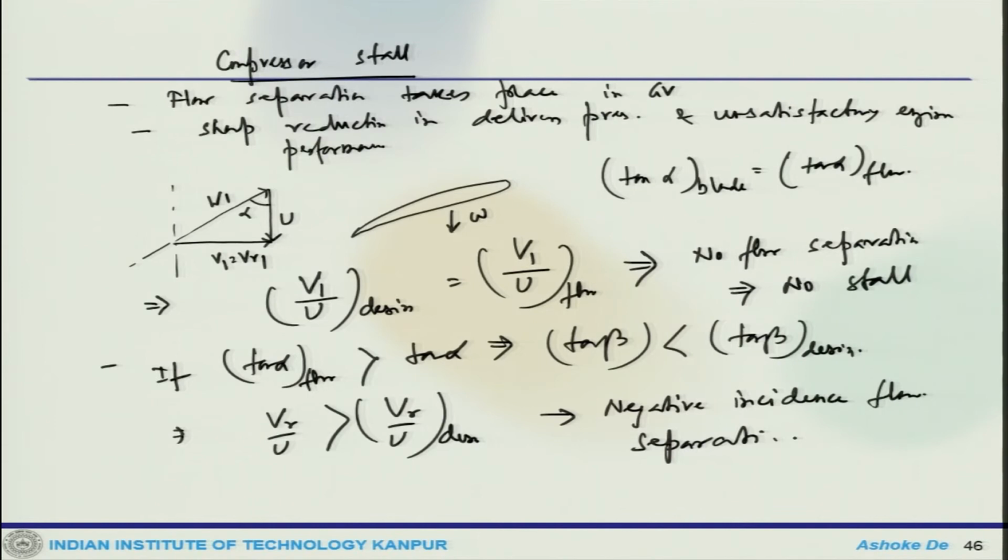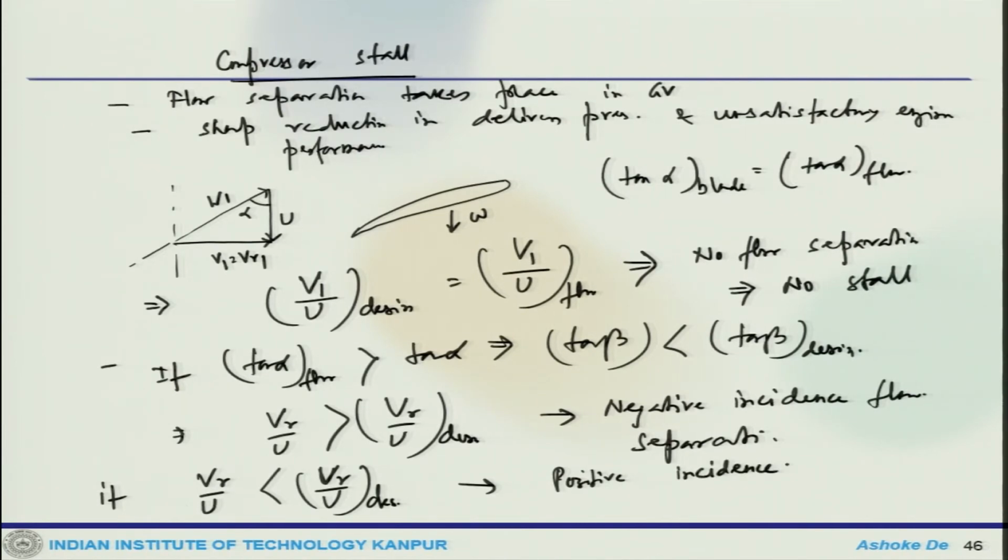Okay. Or if VR by u is less than VR by u design, this is called positive incidence flow separation. Okay.